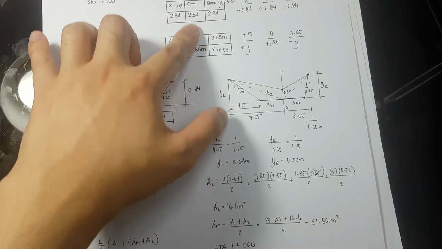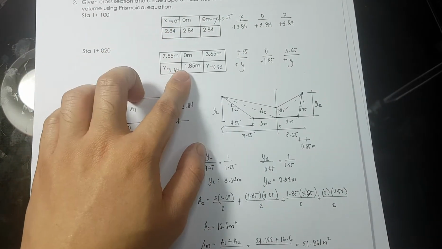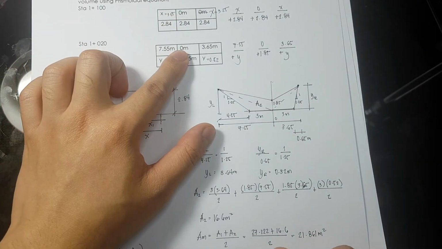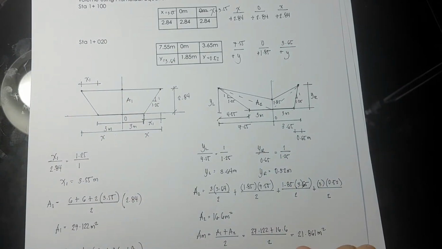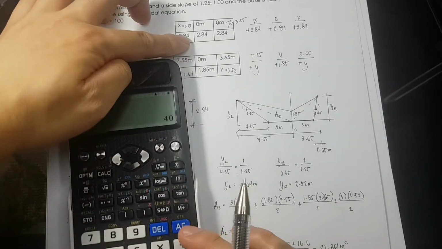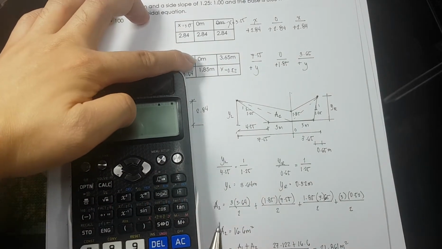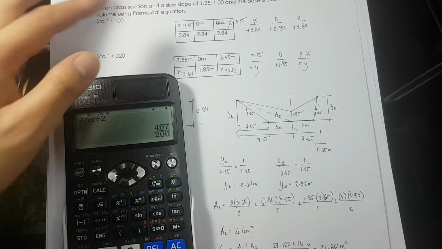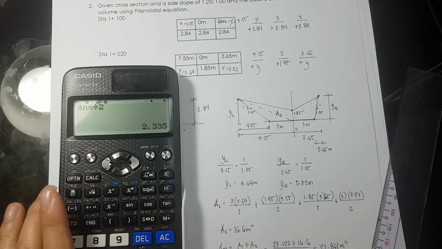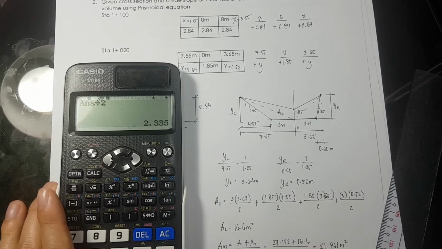Now, kung kukunin natin yung coordinates, we just get the average, no? So, we have here the reference, 0. And yung vertical niya for the reference would be 2.82 plus 1.85 divided by 2. And that is equivalent to 2.335.